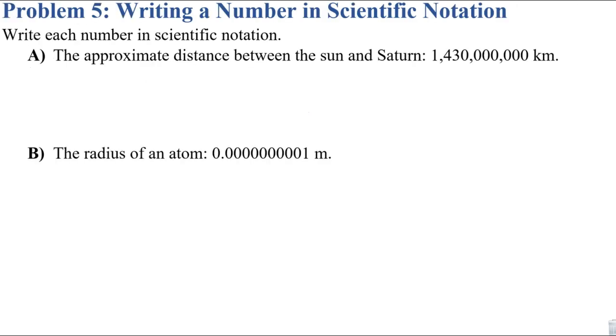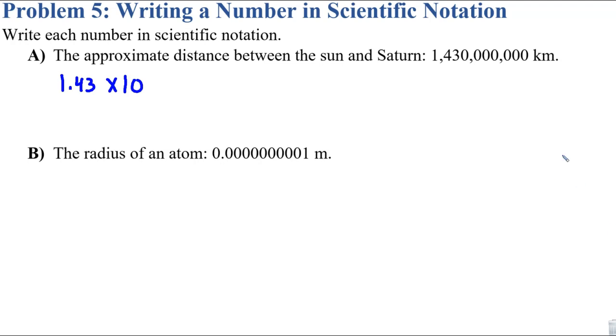So let's write some numbers in scientific notation. Part A, we want to write the approximate distance between the Sun and Saturn, which is 1,430,000,000 kilometers. To do that, I'm going to take the number part here, the 1.43, and we'll write that as times 10 to some power.